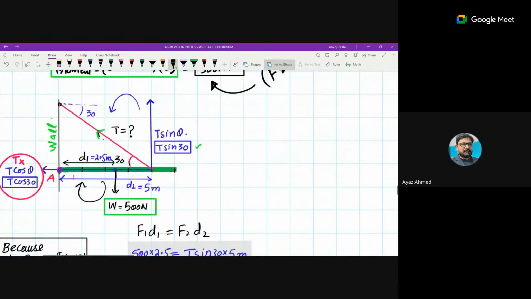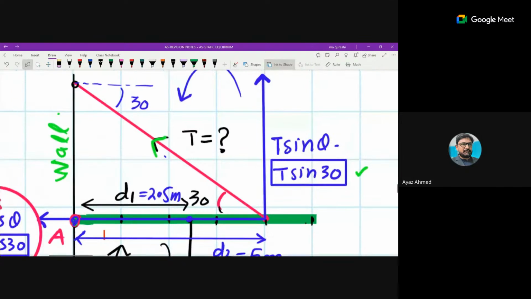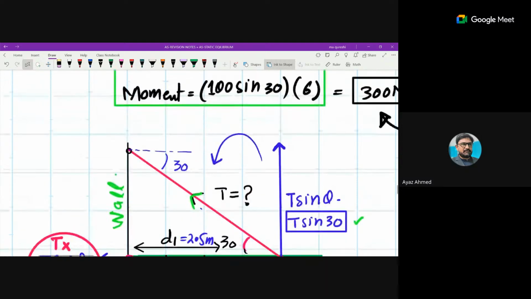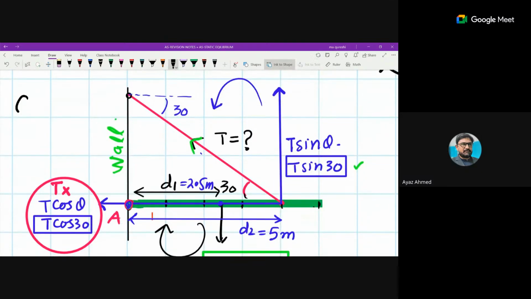Now, this is a case which is asked in the exam. Mostly, students get stuck with it. This is case number 2. In this case, there is a trap door. Did you see?